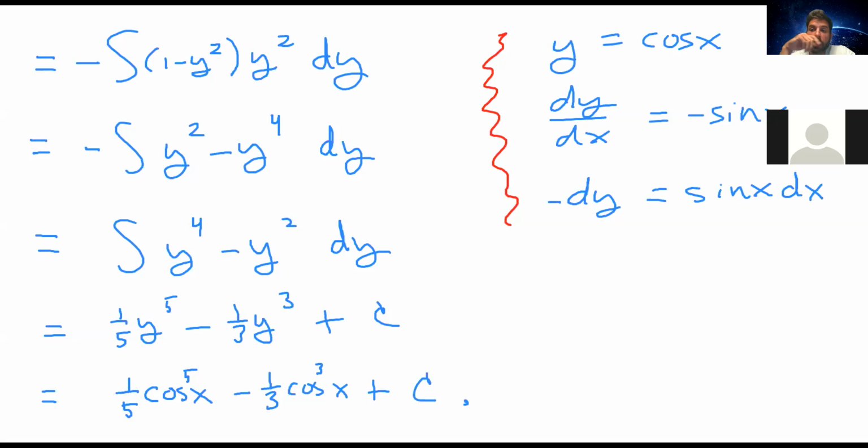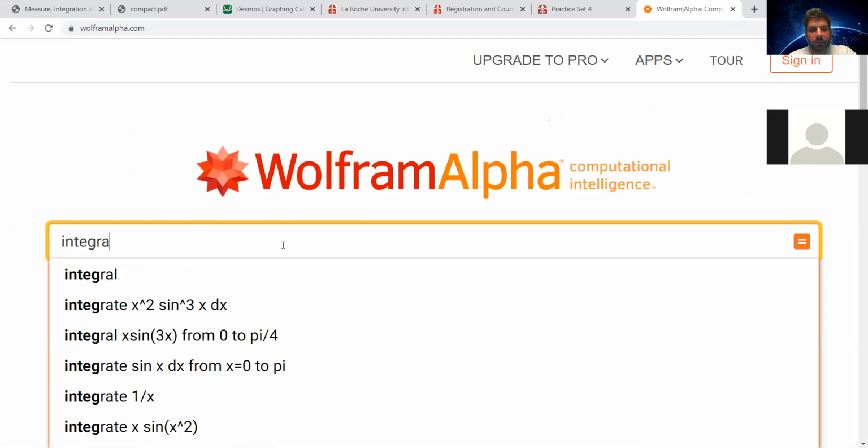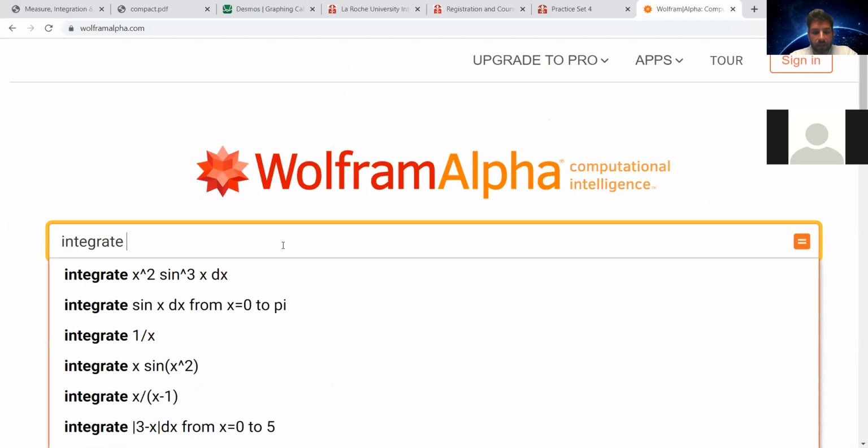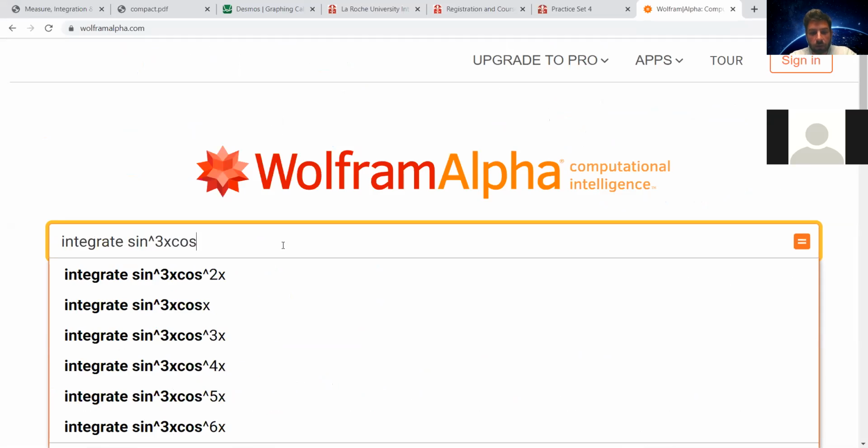And so often they might employ different tools to integrate, and whoever programmed them, like Wolfram, might have something where they're like, oh, okay, I don't like this trig identity, I like something else. So for example, if I go to Wolfram, and I ask Wolfram to integrate, what was it, sine cubed, cosine squared.